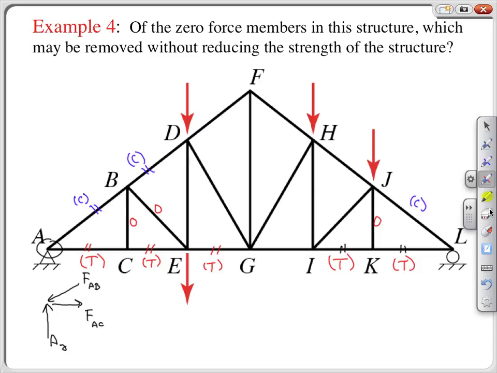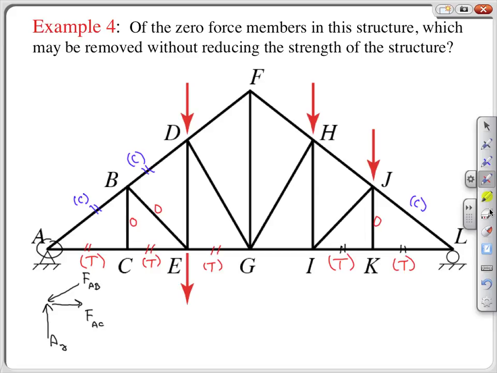Now we can determine which zero-force members to remove. Removal of BC and JK can be accomplished without incident because both of these members are breaking up tensile spans. Member BE, however, is breaking up a compressive span, so it should be retained.